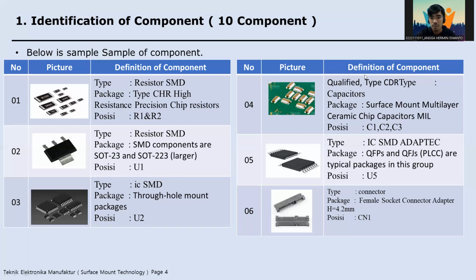Next, type capacitor, packaging surface mount multilayer ceramic chip capacitor, position C1, C2, C3. Next component, type IC adaptive, packaging QFP, position U3. Next, type connector, packaging female socket connector adapter, 2 mm, position CN1.